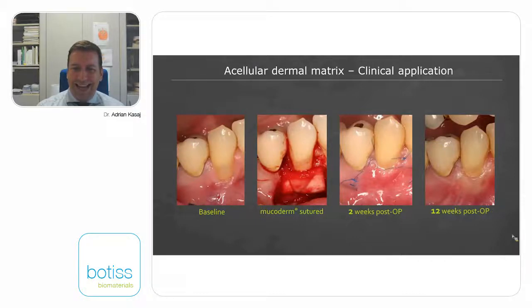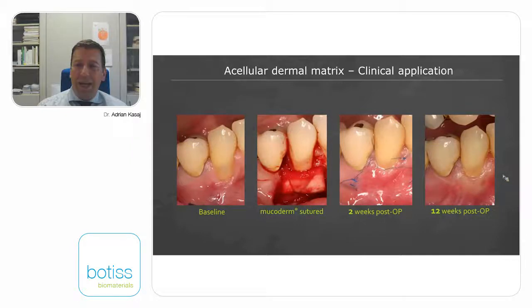You can see the healing 2 weeks post-operative and the final clinical outcome 12 weeks post-operative. So you can see some root coverage, you can see some thickening of the marginal tissue. What you can also see is that the matrix is still present here under the alveolar mucosa. So it's still in the process of remodeling.